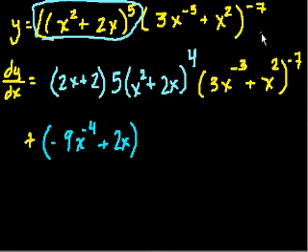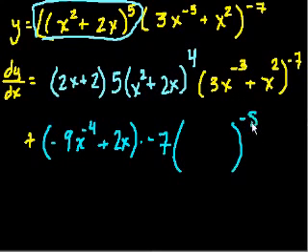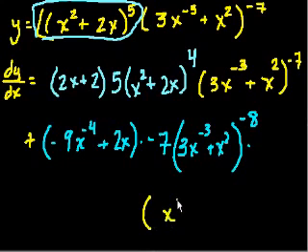And now we take the derivative of the whole thing times minus 7 times something to the minus 8, and that something is this inside, 3x to the minus 3 plus x squared. And then we multiply this whole thing, which was the derivative of the second term, times the first term. Times, and I'm just going to keep going, times (x squared plus 2x) to the 5th.